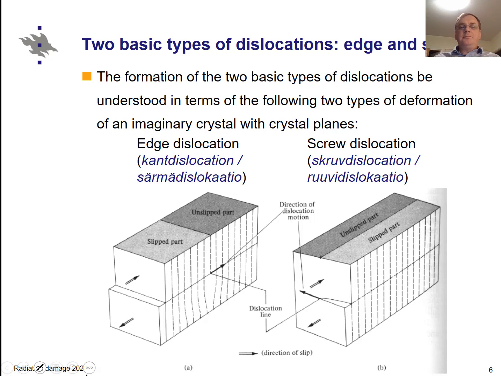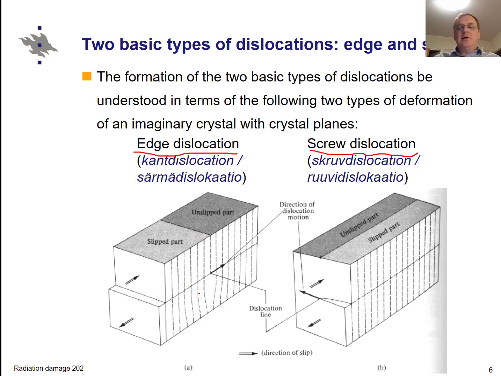Well, if we go into a bit more detail on what the dislocations actually are. There are two basic types of geometrically simple dislocations, known as the edge dislocation and the screw dislocation. In this case, conceptually, you can imagine that you have a crystal where you first slip the upper part to the right, the lower part to the left in this image, but then leave one part unslipped.